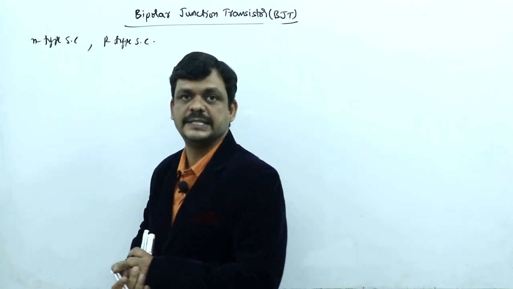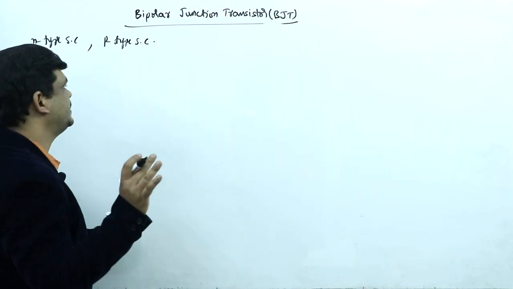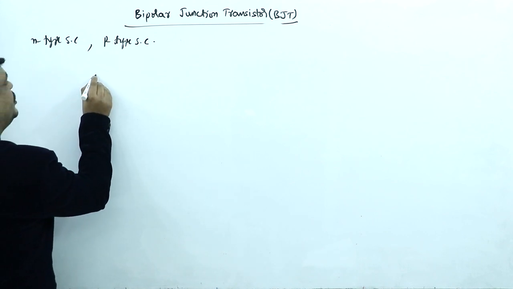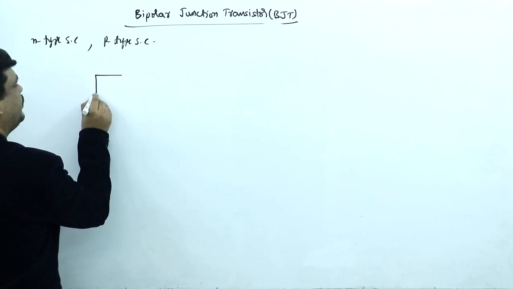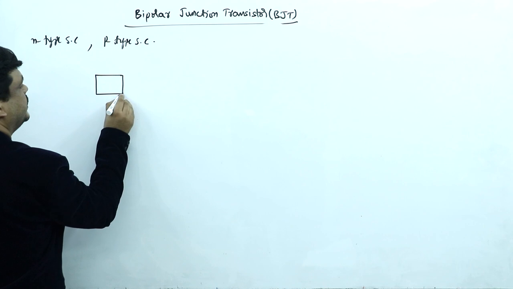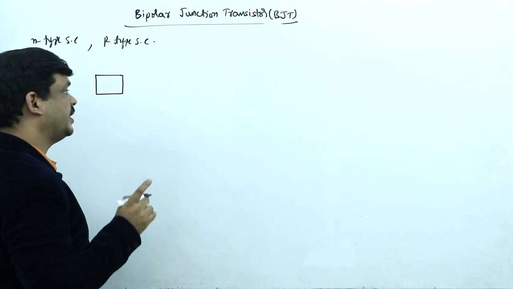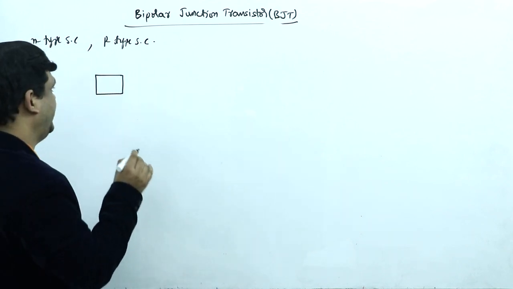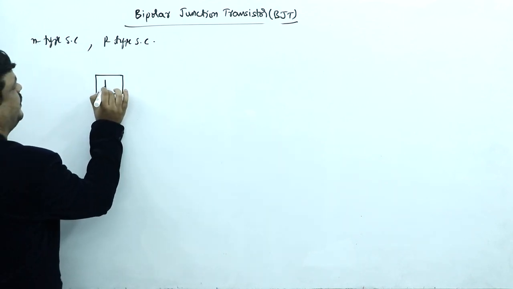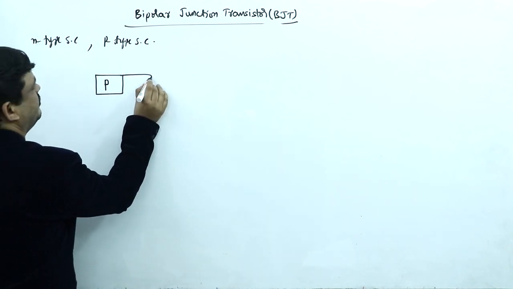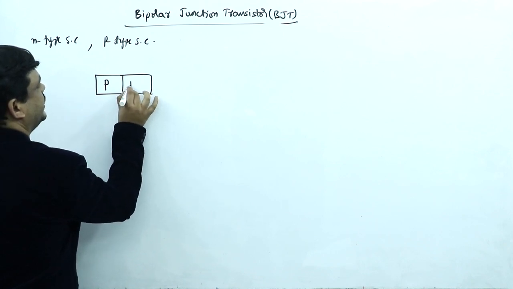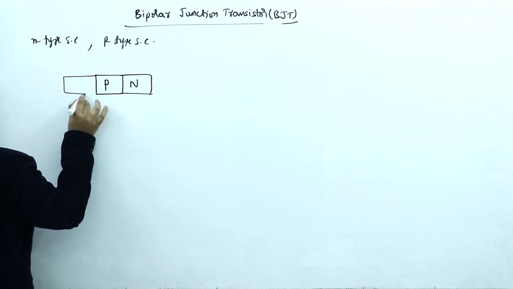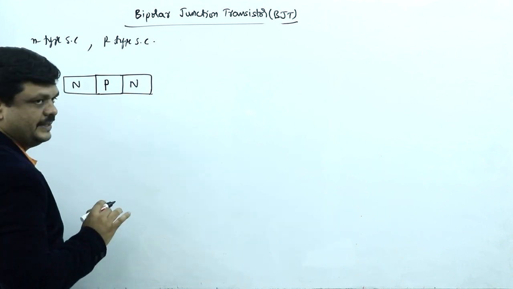The basic process is sandwiching one type of semiconductor in between the opposite semiconductor. That means first I take one p-type semiconductor sandwiched in between 2 n-type semiconductors. This is one basic process.